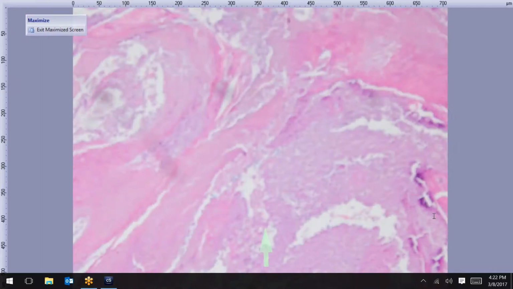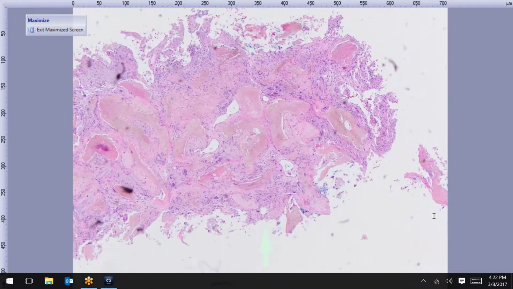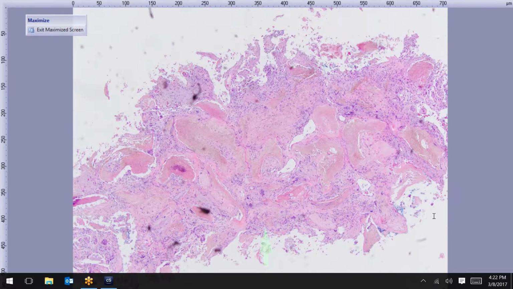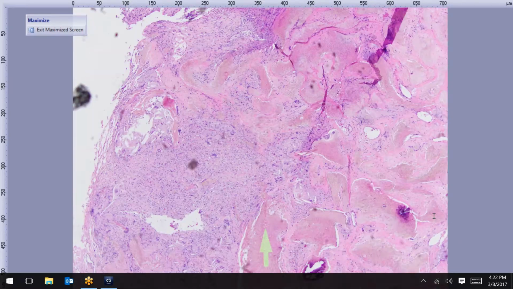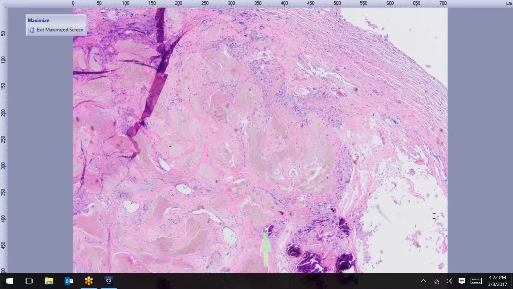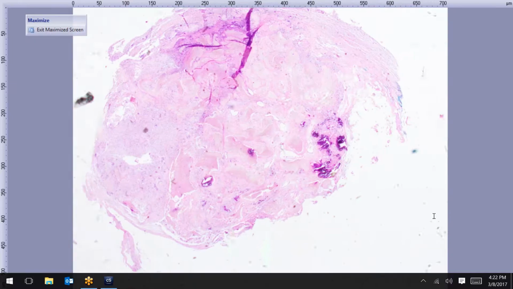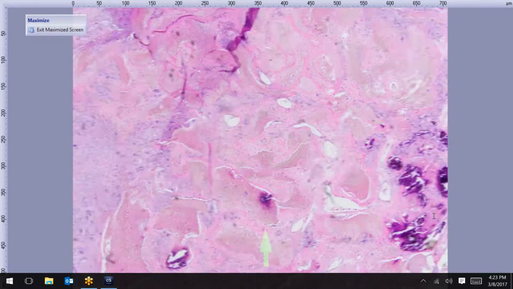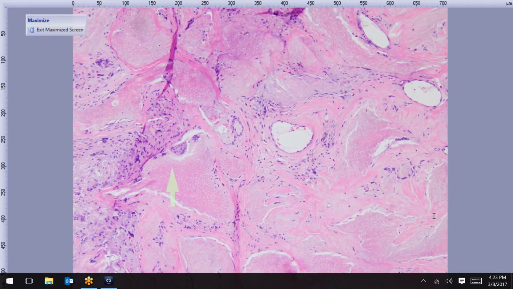All right. So we've got this large cystic area, and you guys recognize these cells right in here called shadow cells, and that's right, it's a pilomatricoma.